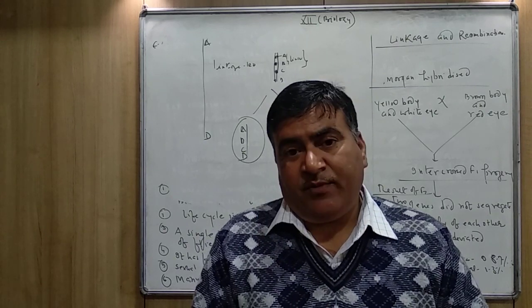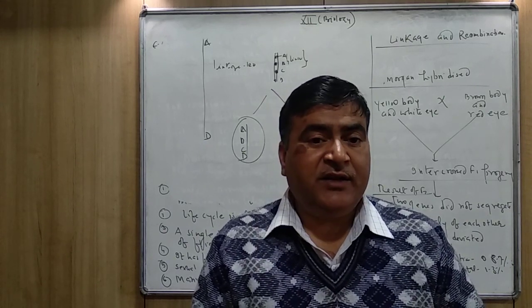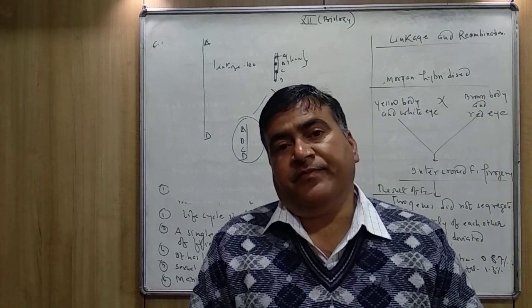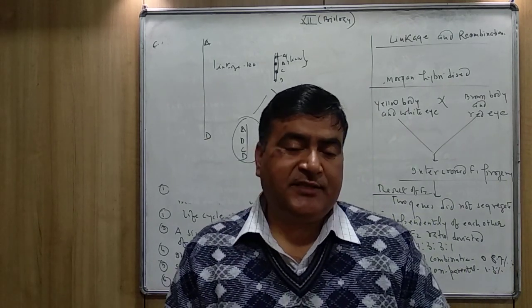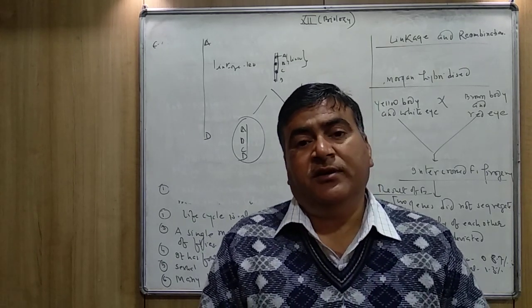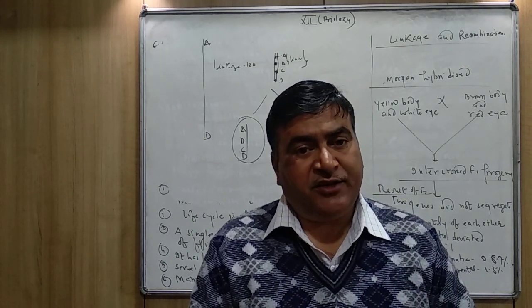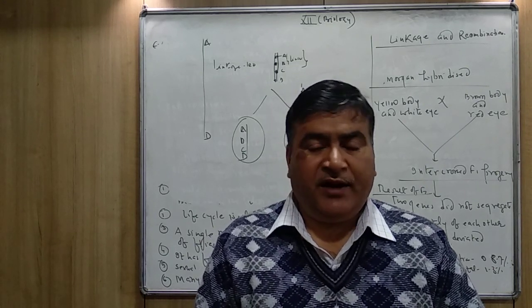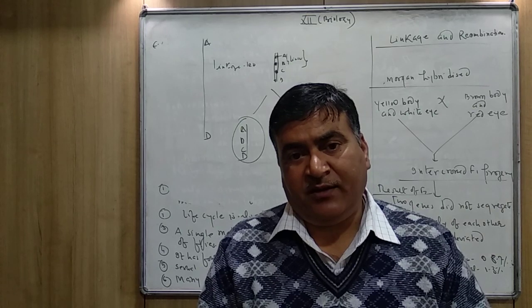So that's all about linkage and crossing over. Tomorrow I will teach you in the next lesson about sex determination, how the sex is determined in human beings, in birds, in insects, and in others.